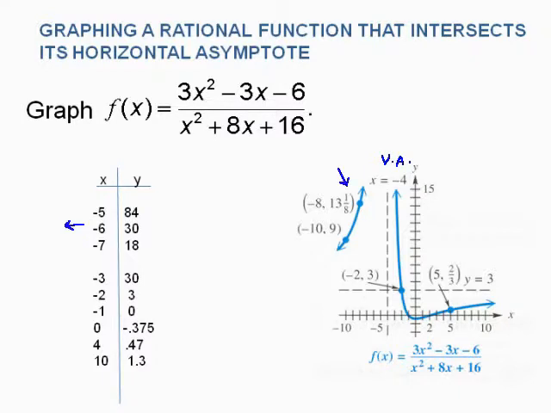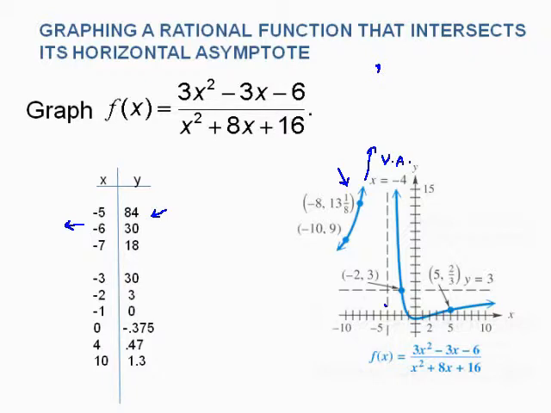Notice with these big numbers, 84, 30, 18, we would really have to use our imagination and extend that. When it gets to negative 5 here, negative 584, it would be way, way up there. So this line is projected to eventually go through that, but never cross or touch the VA.